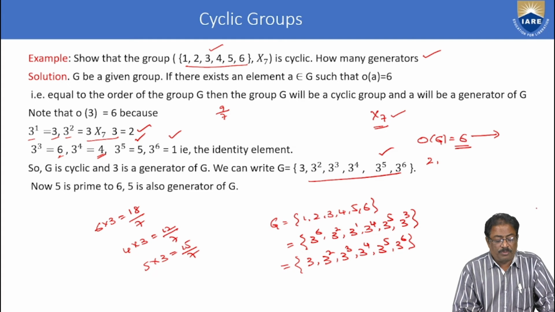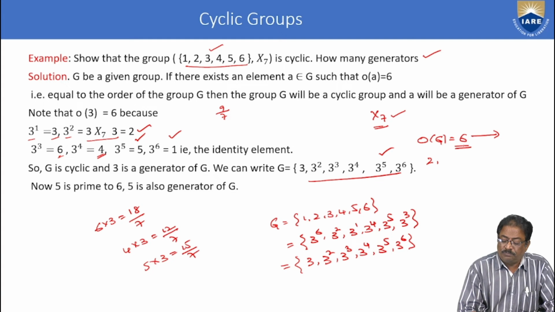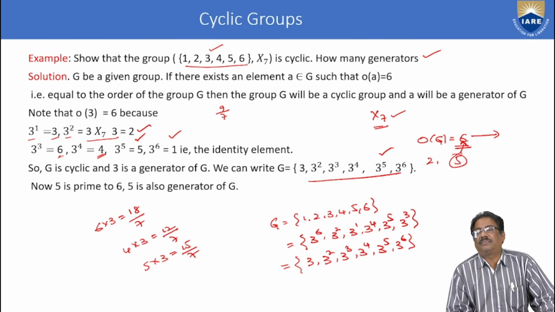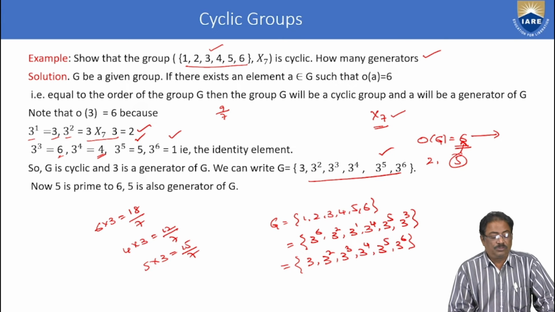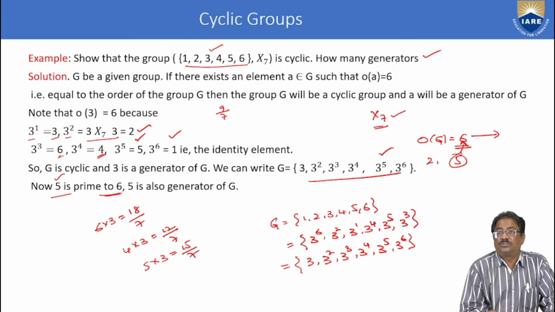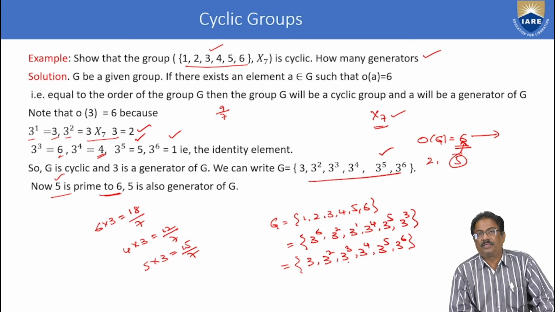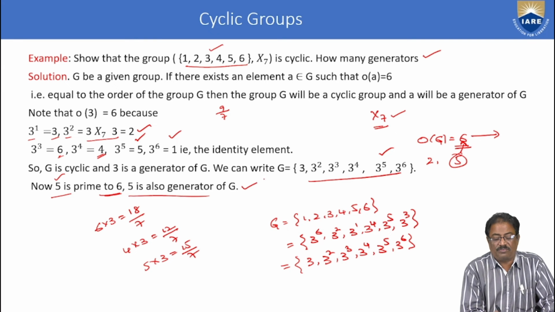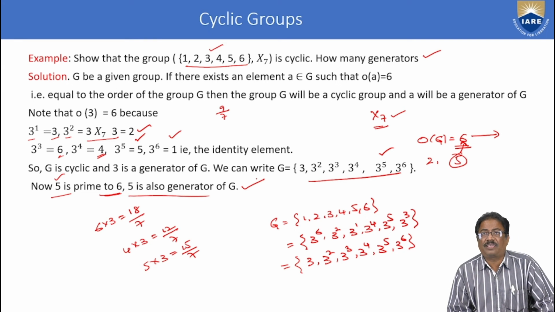Next, 5: 5 and 6 are divisible only by 1, so 5 is relatively prime to 6. So 5 is another generator of this cyclic group.